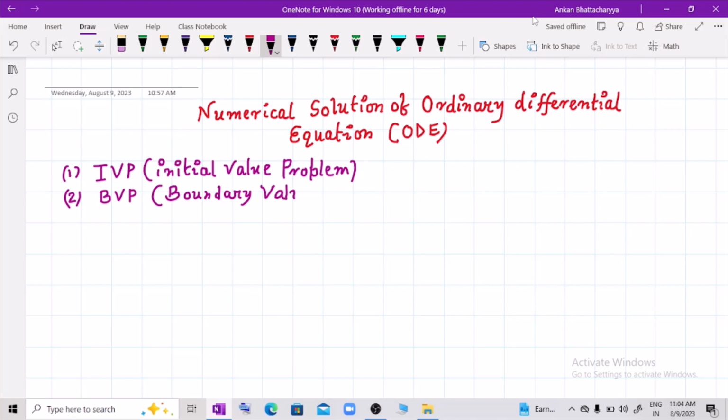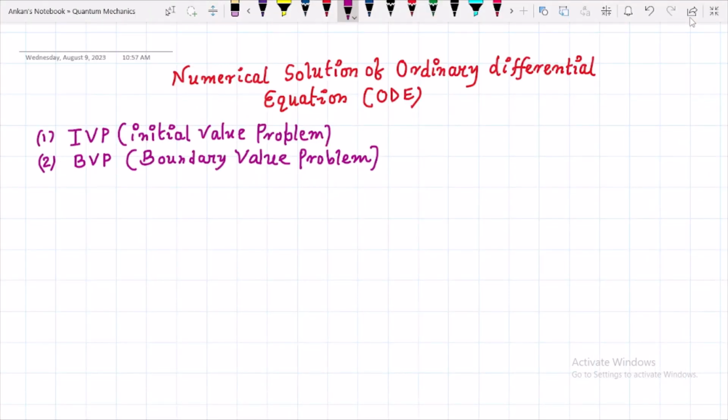So when can we say the problem is an initial value problem, and when a boundary value problem?